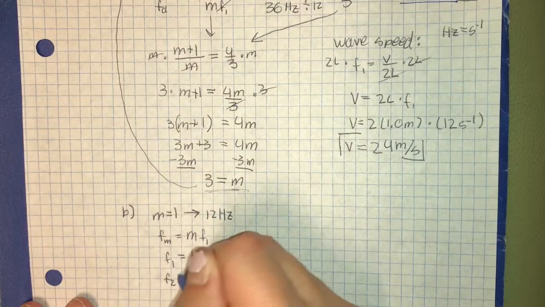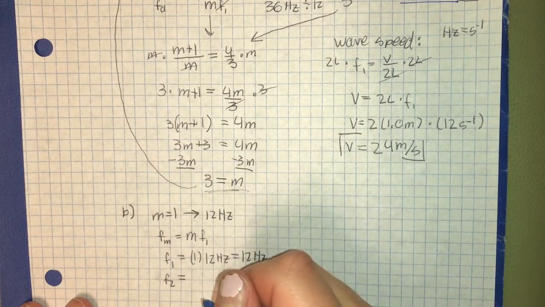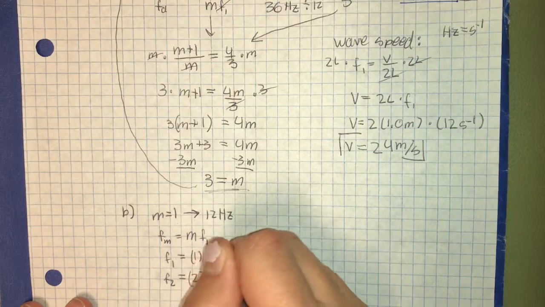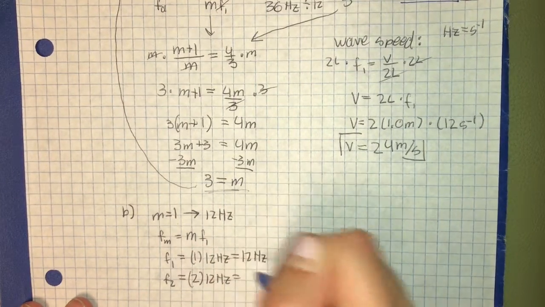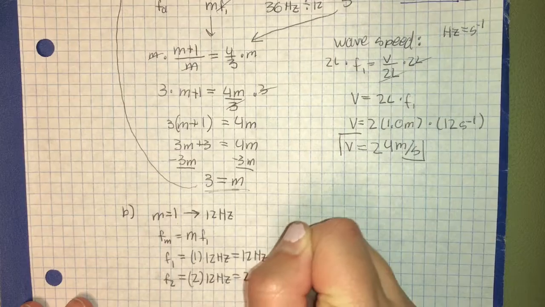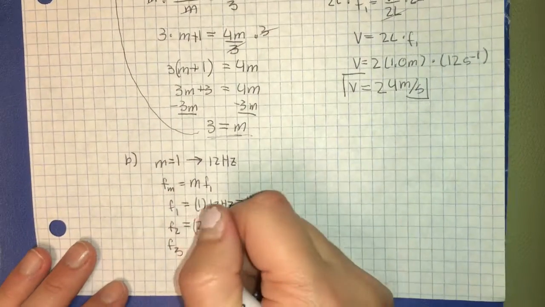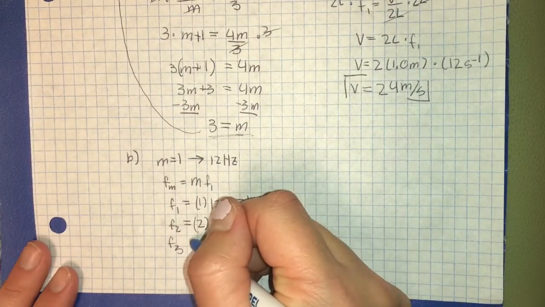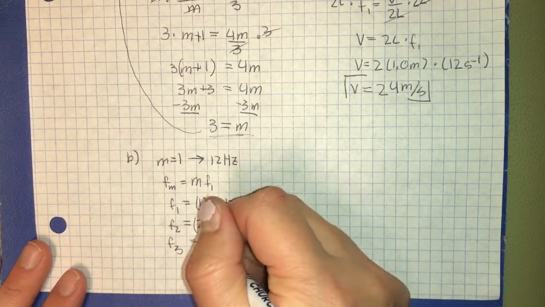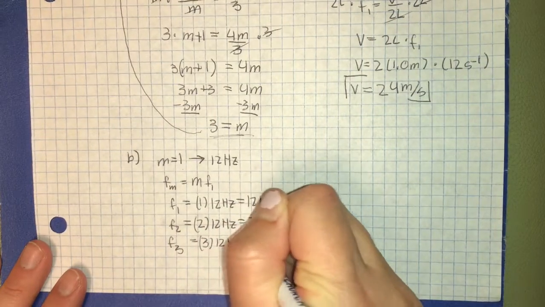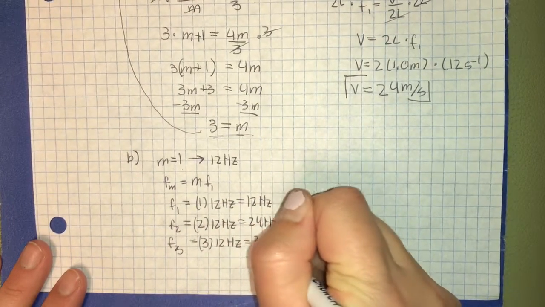Our F2 equals 2 times 12 hertz. So then we have 24 hertz. F3 equals 3 times 12 hertz, which equals 36 hertz.